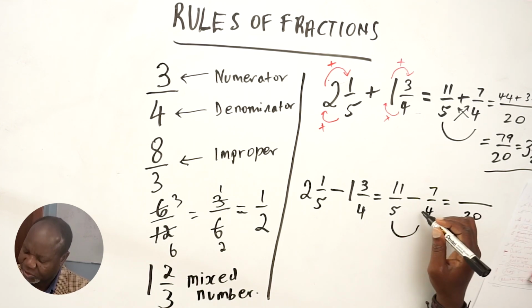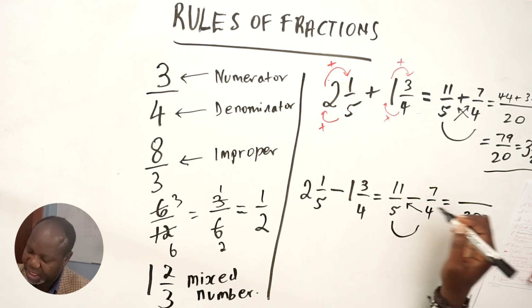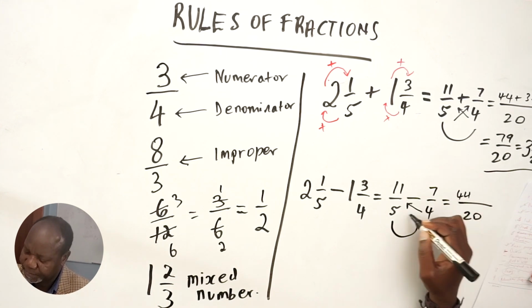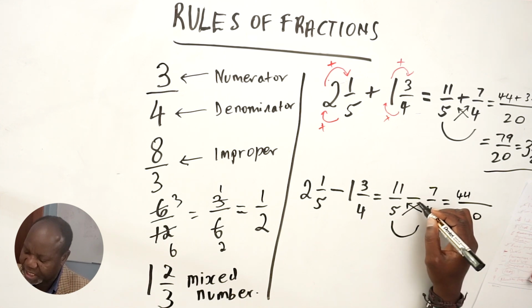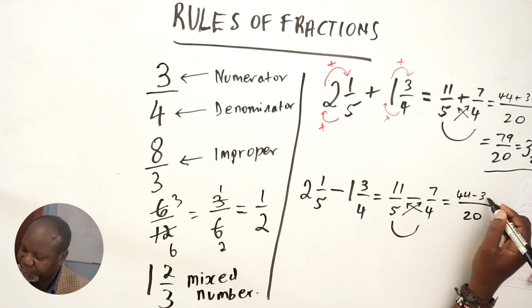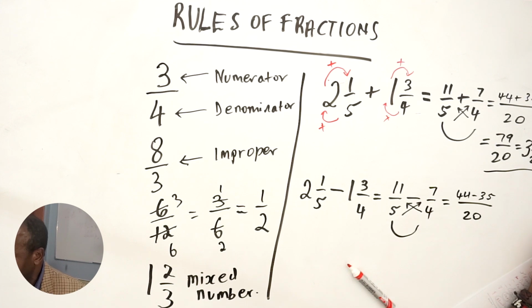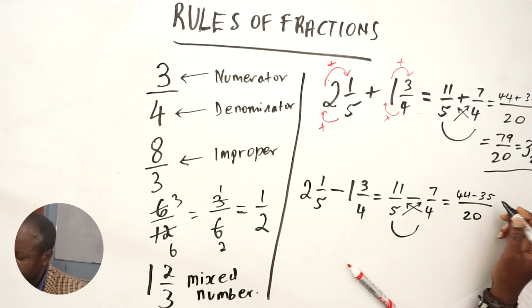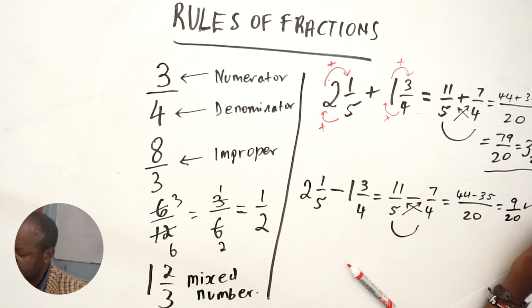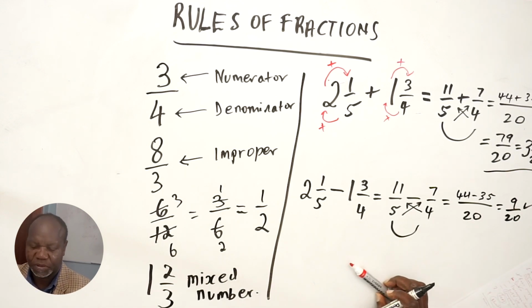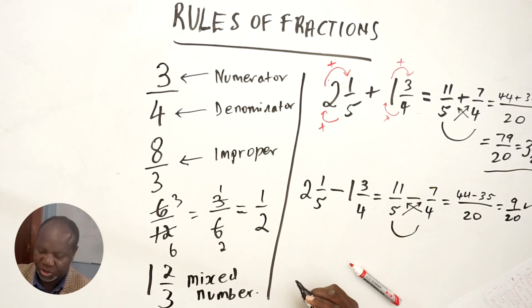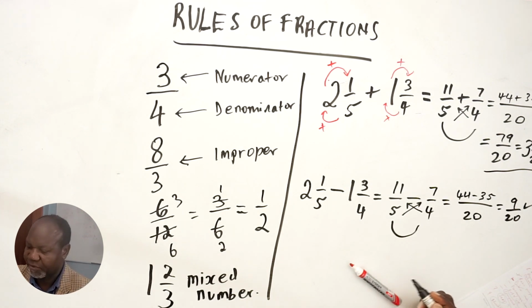Okay, the keys, always start from the right. 4 times 11, 44. 5 times 7, 35. 44 minus 35. Okay, you can do it in your rough work, you got 9. So you have a difference of 9/20. Done.